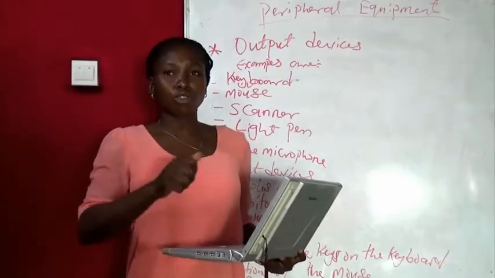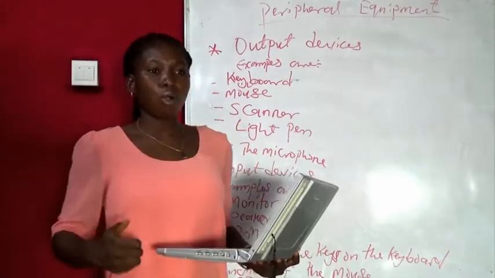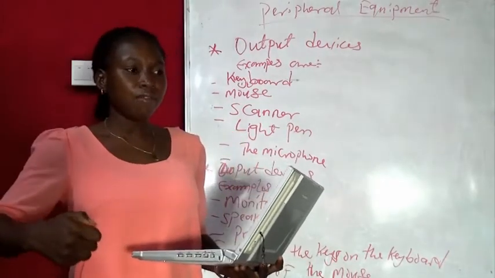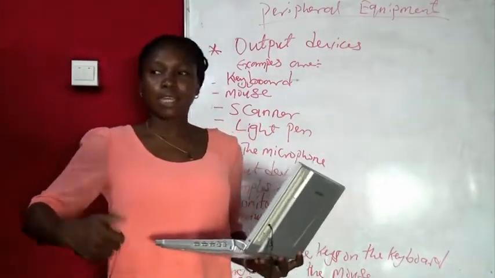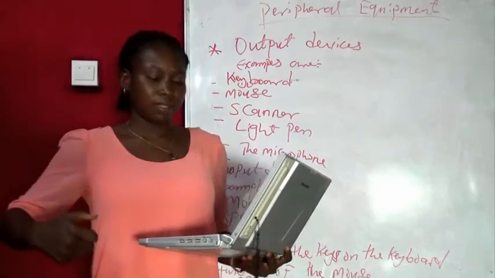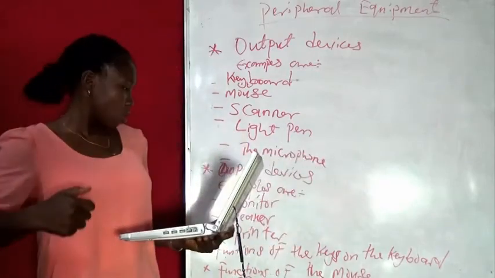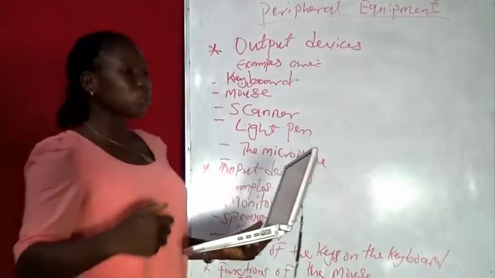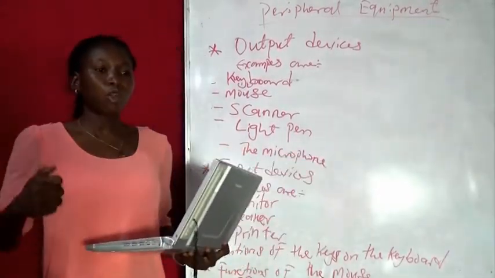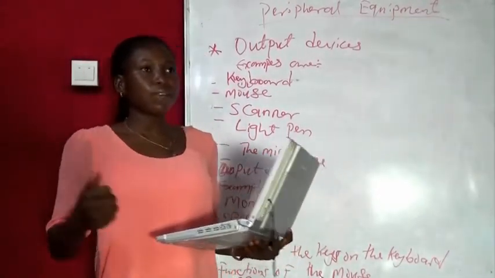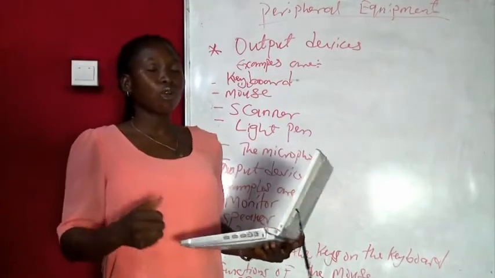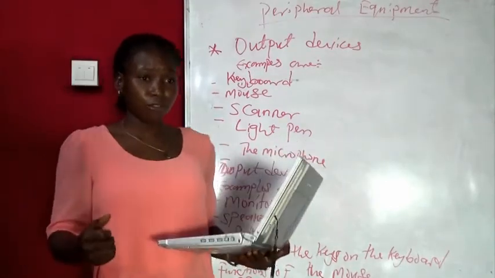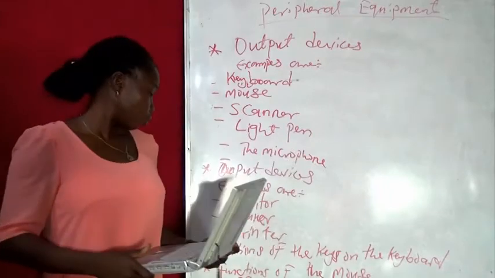You can use your scroll wheel to scroll up or down to know that what you are working on is exactly what you want. Those are the functions of the mouse. Now we have operations with the mouse again: click, double click, all those I've mentioned before. They are still the same functions.